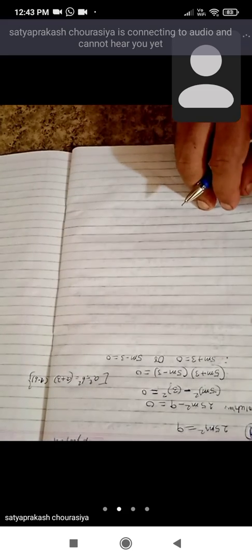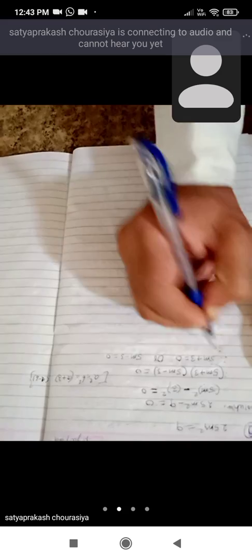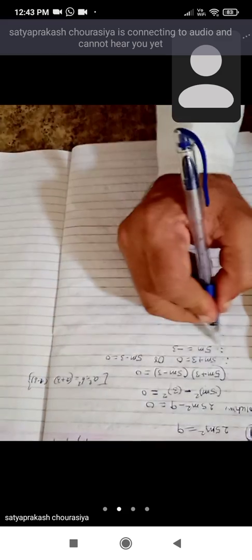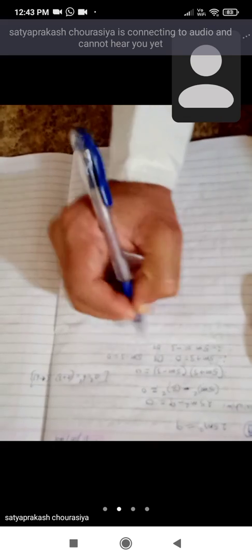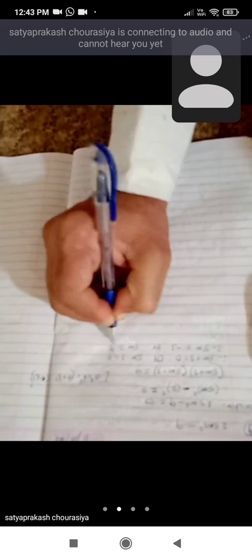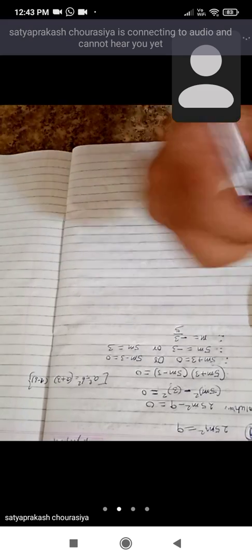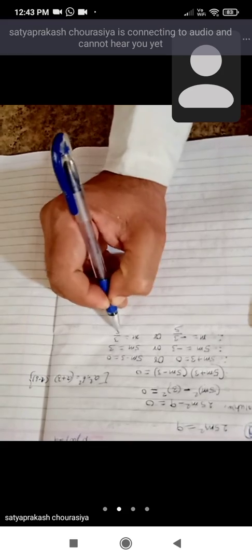It's clear now? Therefore 5m is equal to minus 3, or 5m is equal to 3. So therefore m is equal to minus 3 upon 5, or m is equal to 3 upon 5.